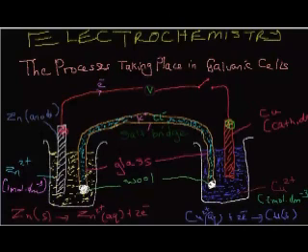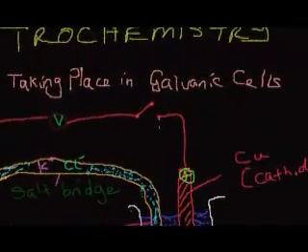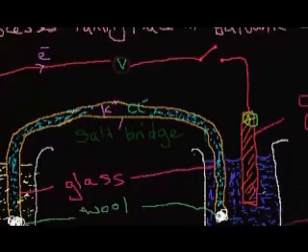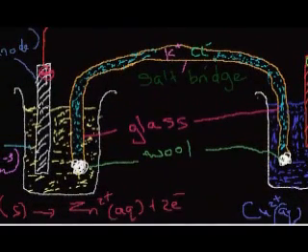When the switch is closed, a redox reaction takes place in the cell. The reaction taking place in the zinc half cell is that solid zinc, which is our zinc electrode, is converted to Zn2+ plus 2 electrons.